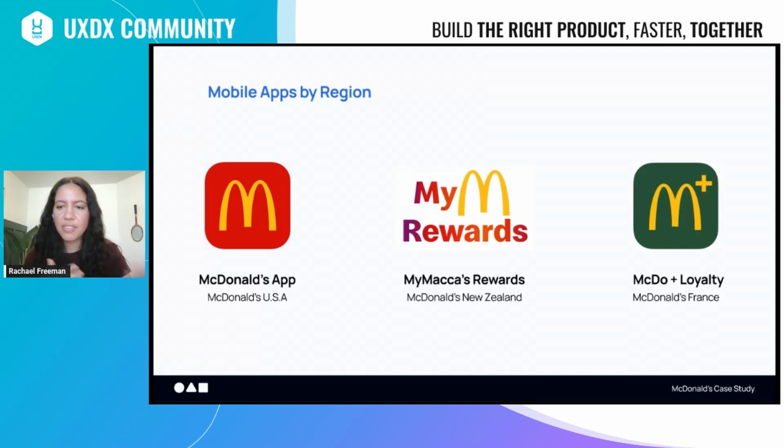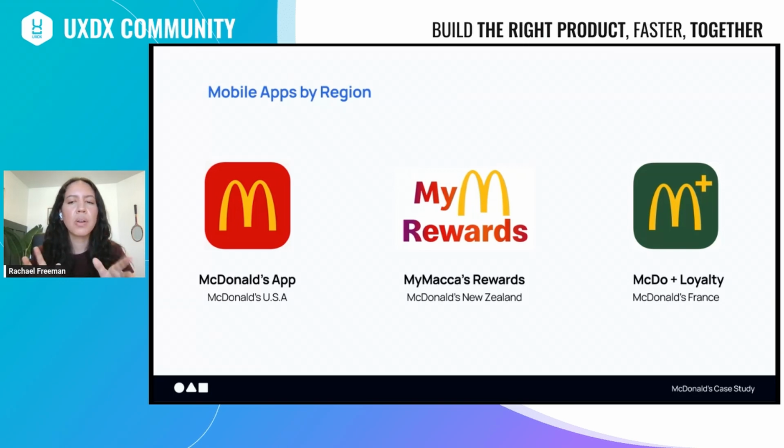In New Zealand and France, however, they capitalize on the colloquial terms that people refer to this brand or company as. So in New Zealand, it's called "My Macca's Rewards," and in France, it's "McDo Plus Loyalty." And both of those two examples also stress the value of having the app, whereas in the United States, it's more implied that there's value in having the app.